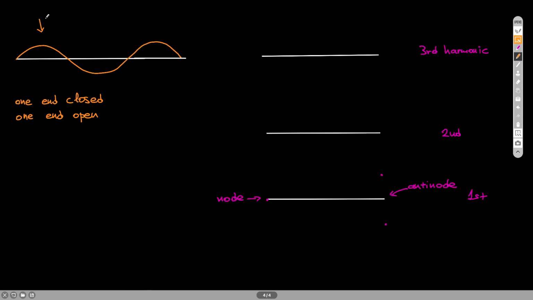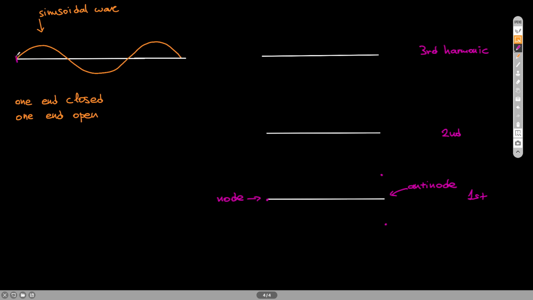sinusoidal wave, this one. And since I need a node here, I'm going to start from a node, here it is, and I'm going to start moving to the right until I hit a point where I have an anti-node, a point where I have the maximum displacement.